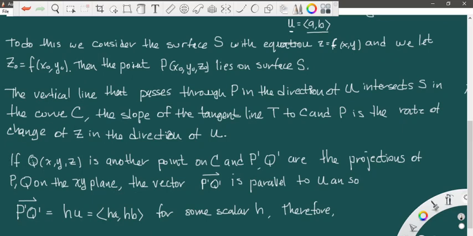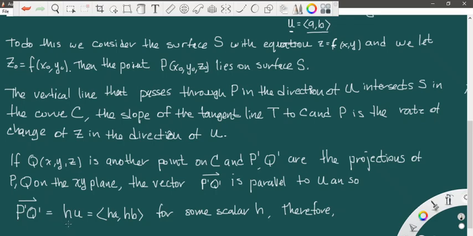now if we have a point Q, which is another point on the curve C, and we have a new vector, which is P prime Q prime, and P prime and Q prime are the projections of the points P and Q on the XY plane, then the vector P prime Q prime is parallel to the unit vector u, and so the vector P prime Q prime is equal to h times u.